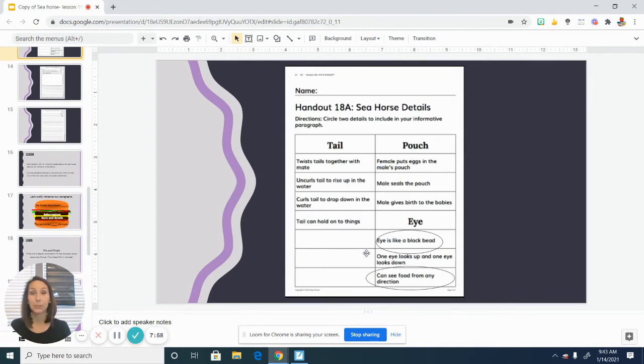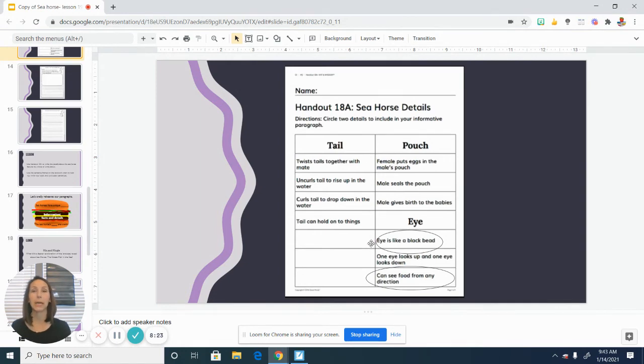So what we have to do as the writer is take the detail, take the notes from this page, the details that we chose, and turn them into complete sentences. And I think that adding some determiners will help us to create a complete sentence. Okay, so I'm thinking eye is like a black bead.